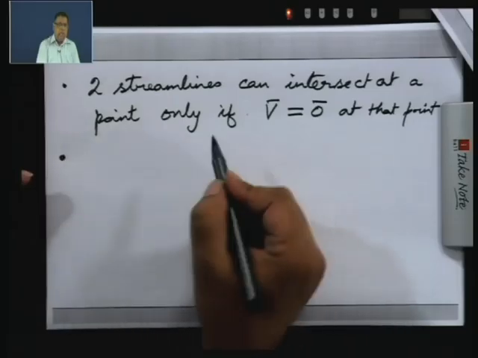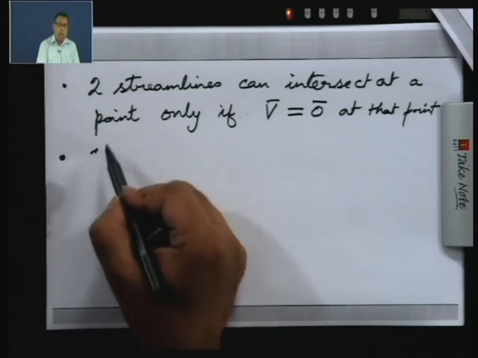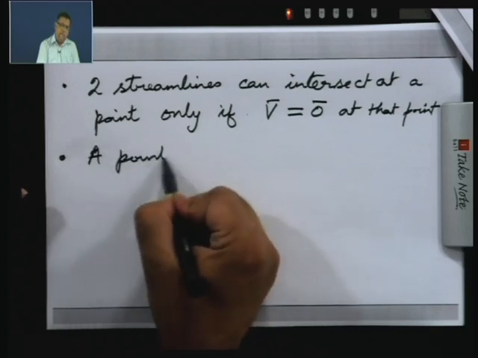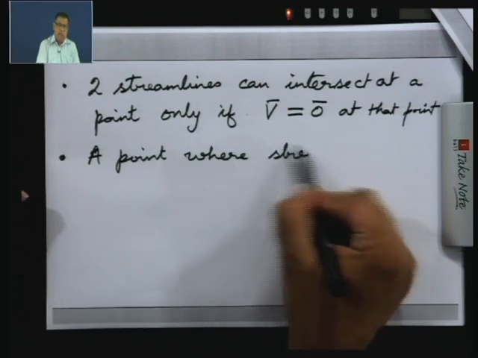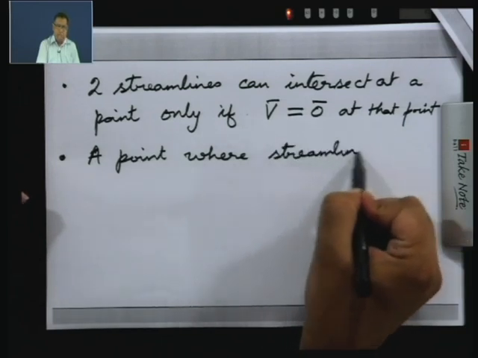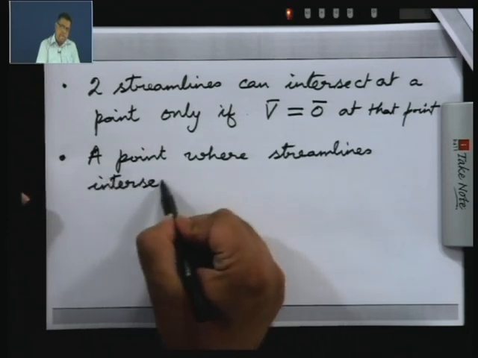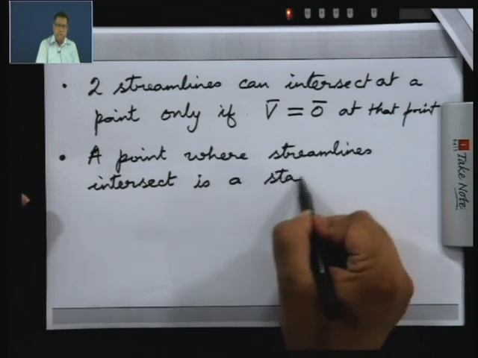And if two streamlines intersect, the velocity is 0. So, whenever streamlines intersect, the point is what is called a stagnation point. A point where streamlines intersect is a stagnation point.